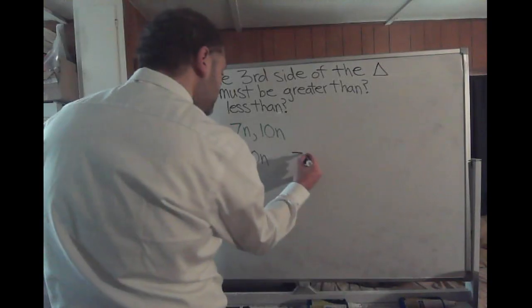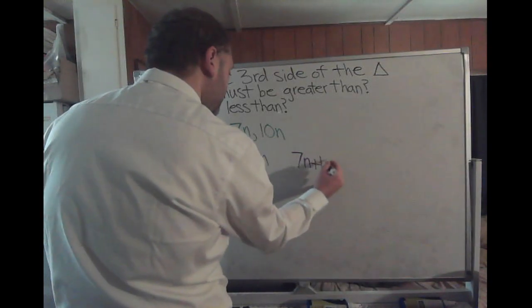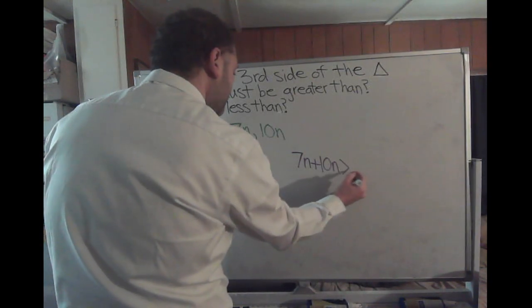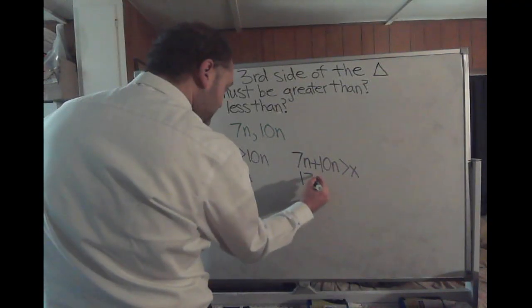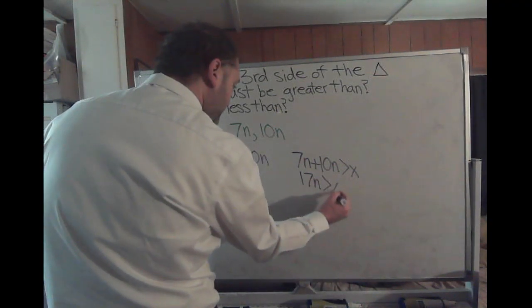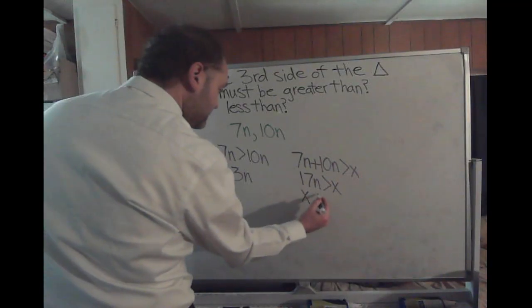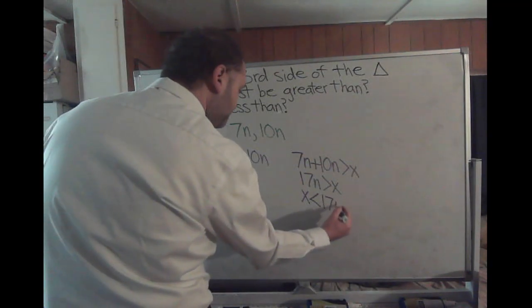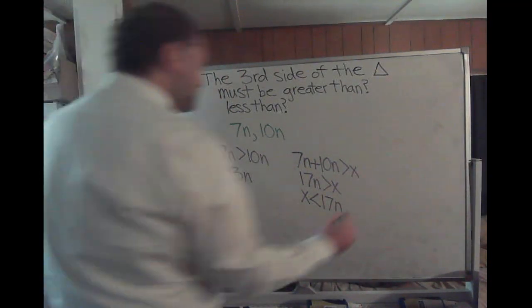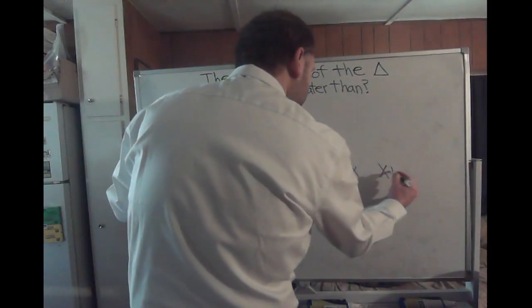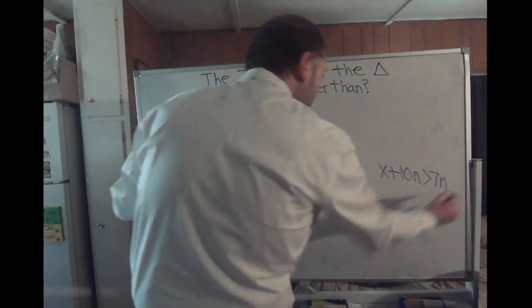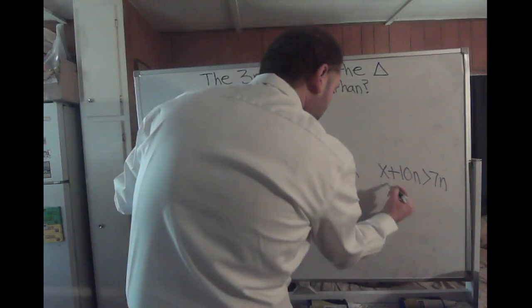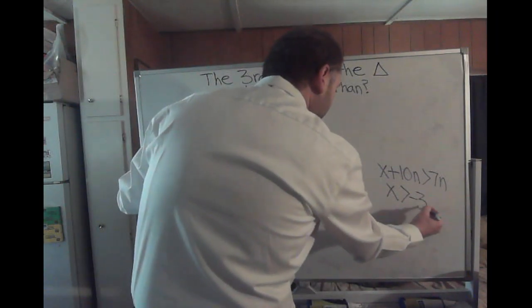Now take your 7n plus your 10n, set that greater than x, which then means that 17n is greater than x, so x would have to be less than 17n. And then finally, you'll take x plus 10n, set that greater than 7n, which would then give you that x is greater than negative 3n.